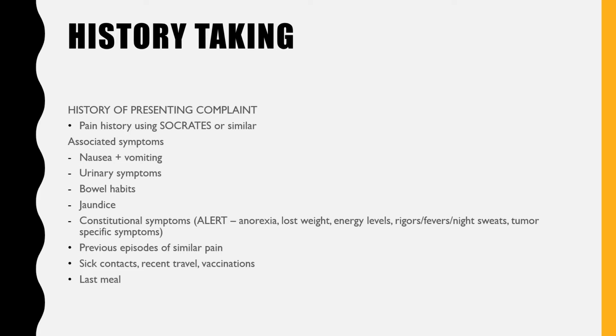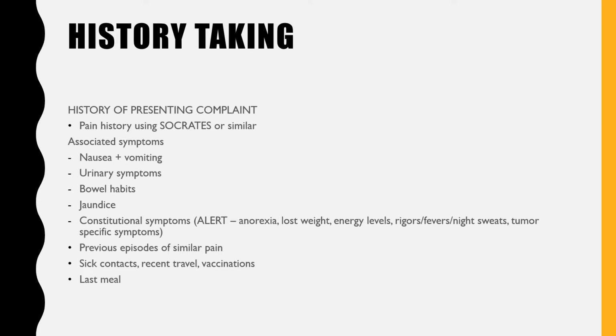any changes in bowel habits, any diarrhea or constipation, and check the frequency of bowel motions in comparison to the person's usual. Any jaundice. You should always screen for any constitutional symptoms that might alert you to a cancer diagnosis, especially if the history is tending towards you being worried about that.